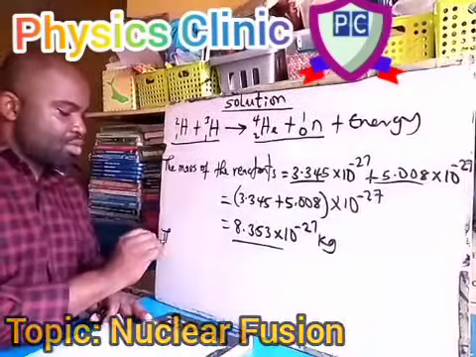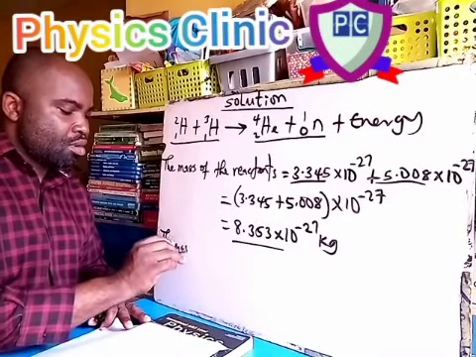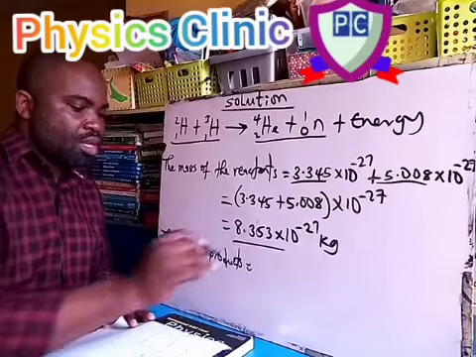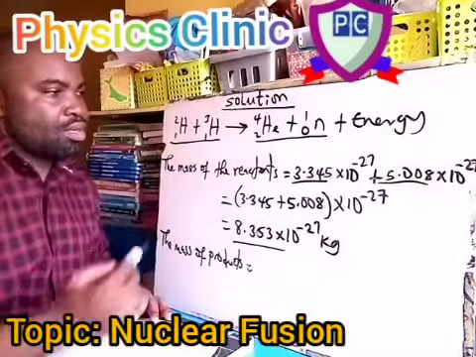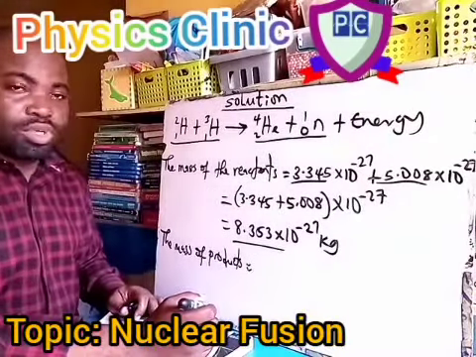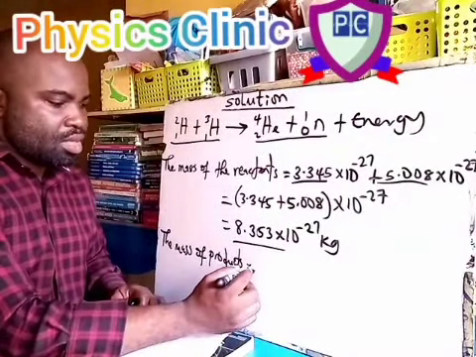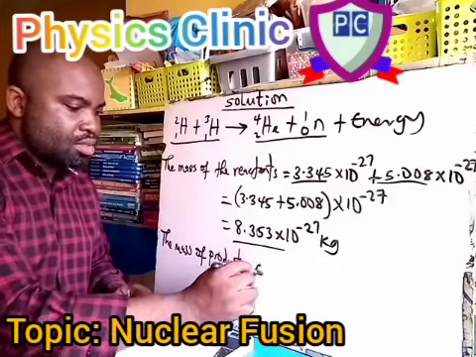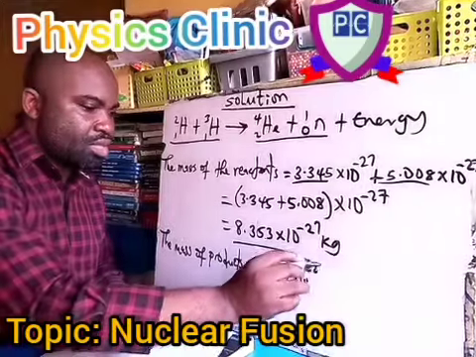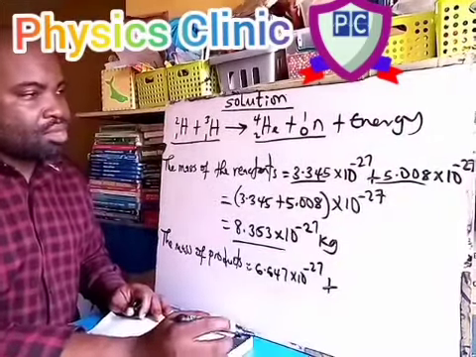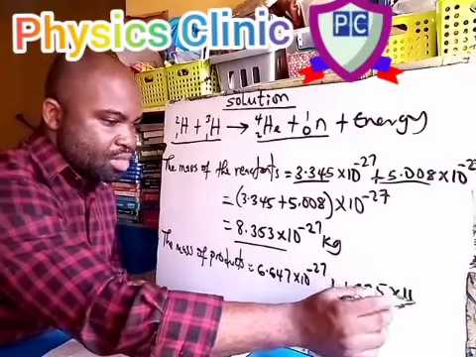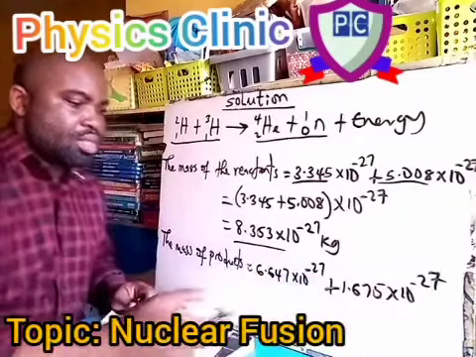So the next thing we are going to do is to calculate the mass of the products. The products are helium and neutron. Now, the mass of helium is 6.647 times 10 raised to the power minus 27, plus the mass of neutron, which is 1.675 times 10 raised to the power minus 27.